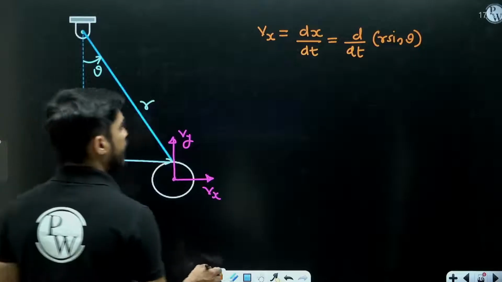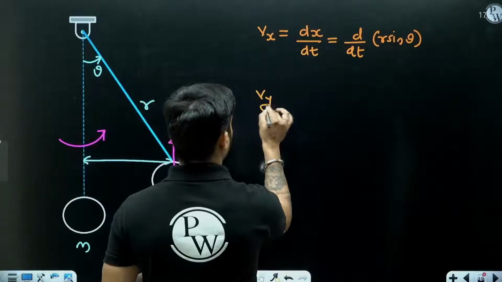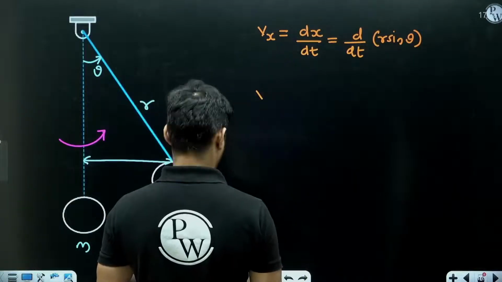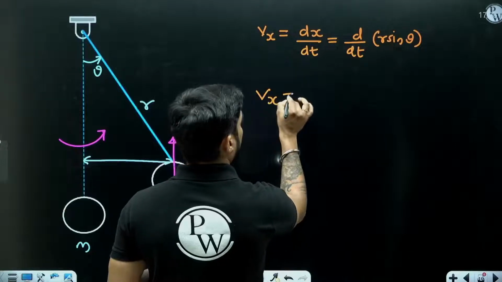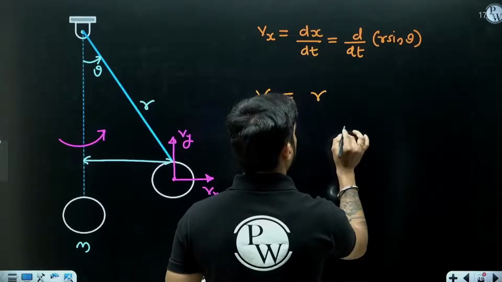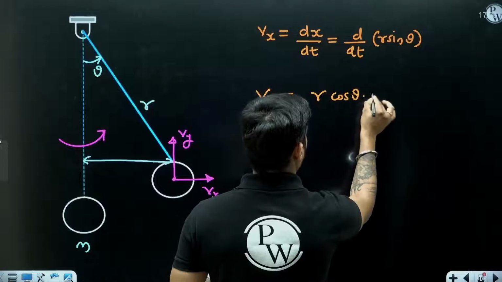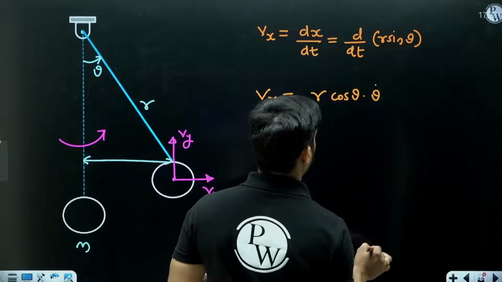And Vy, what will become Vx? Vx will become r cos theta theta dot.